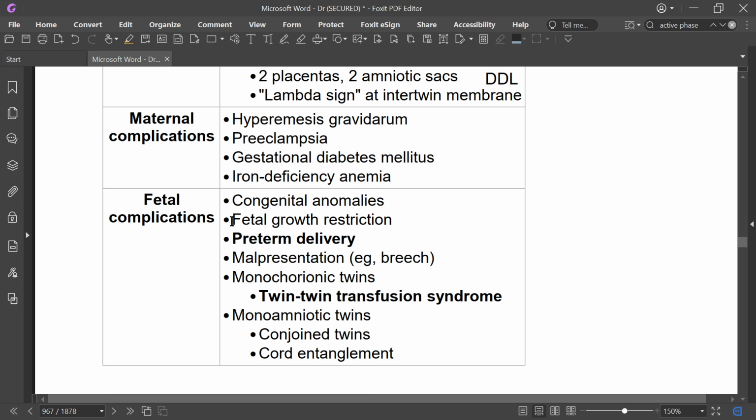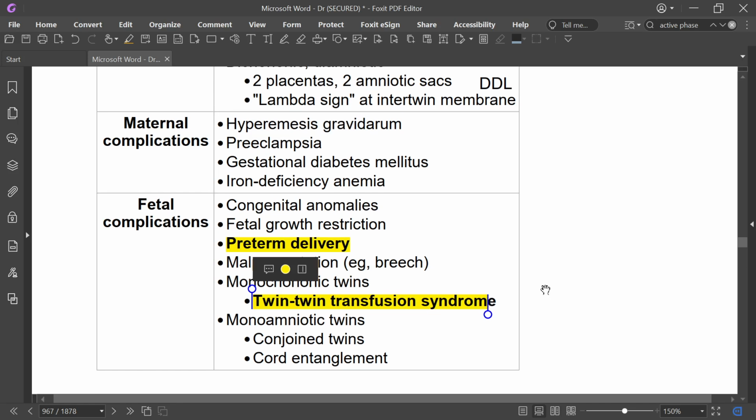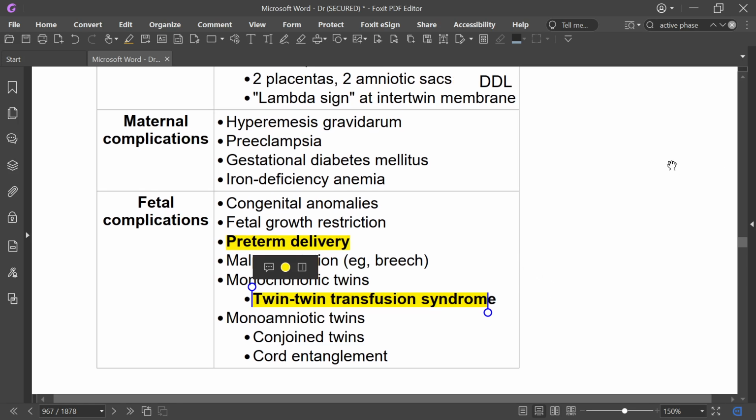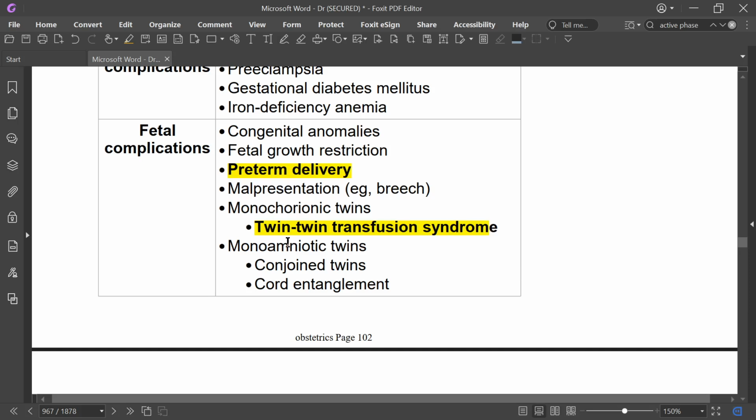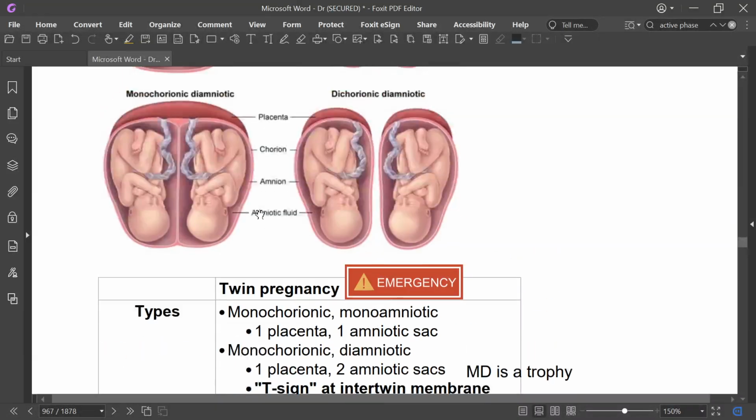Fetal growth restriction can happen. Preterm delivery can happen. Twin transfusion syndrome can happen in monochorionic twins. Monoamniotic twins can have conjoined twins.